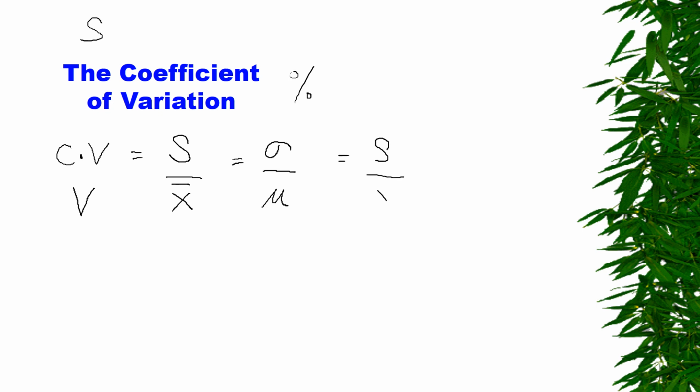The coefficient of variation, or coefficient of variability, is always denoted by CV, or sometimes capital V. This is equal to the standard deviation divided by the mean, or the standard deviation for the population divided by the mean. Generally this is also expressed as a percentage, so the standard deviation divided by the mean times 100, and the coefficient of variation will be expressed as a percentage.